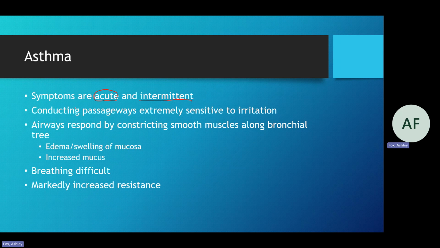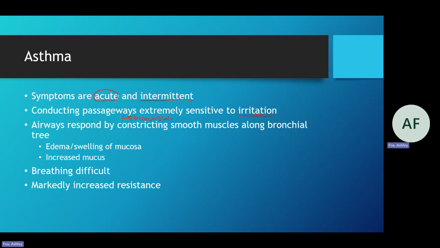With asthma, the conducting passageways, so mainly bronchioles, are very sensitive to any type of irritation. Anything that comes in that can cause them to be irritated is going to cause constriction of their smooth muscle.